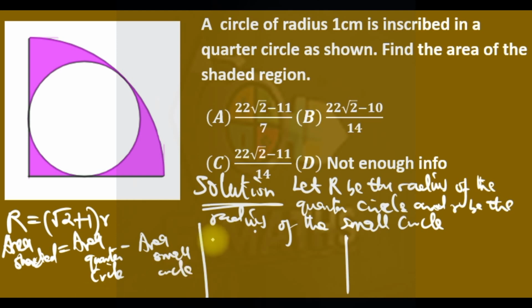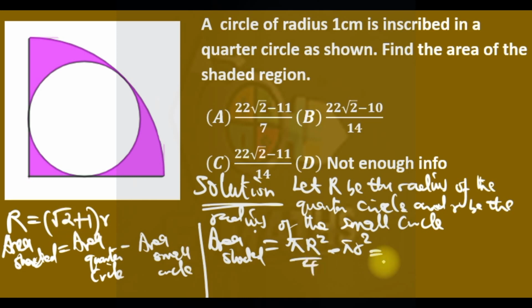The area shaded is now equal to pi R squared over 4. Remember, we divided by 4 because this is just a quarter circle, minus pi r squared. And we've noted that big R is always root 2 plus 1 times small r, so all squared, over 4 minus pi r squared.